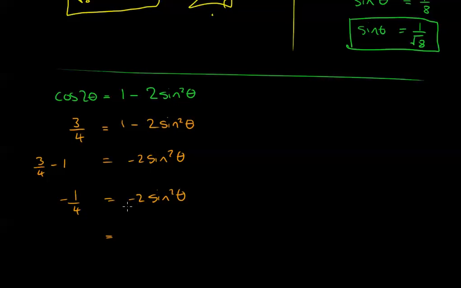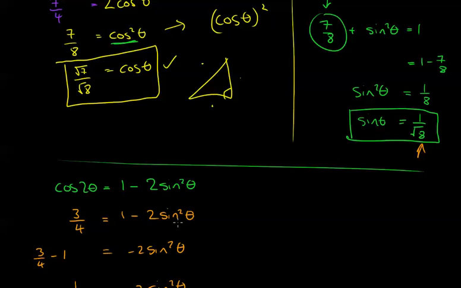Divide both sides by minus 2, so minus 1/4 divided by minus 2 gives us 1/8. That's sine squared theta, and then square root, 1 over root 8 is sine theta. And we know it's positive because of where the angle is.